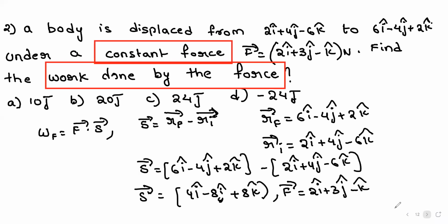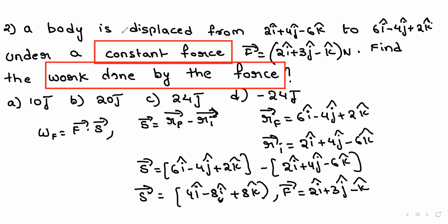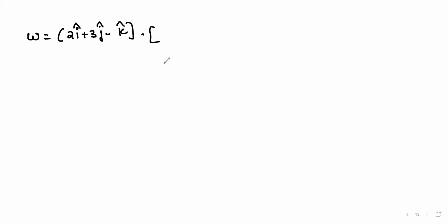So work done is F dot S. The force 2i plus 3j minus k, dot the displacement vector 4i minus 8j plus 8k.